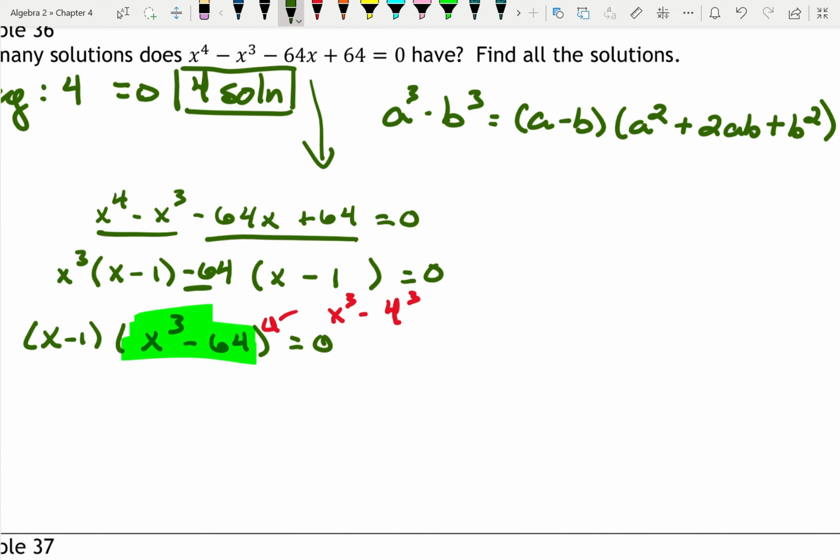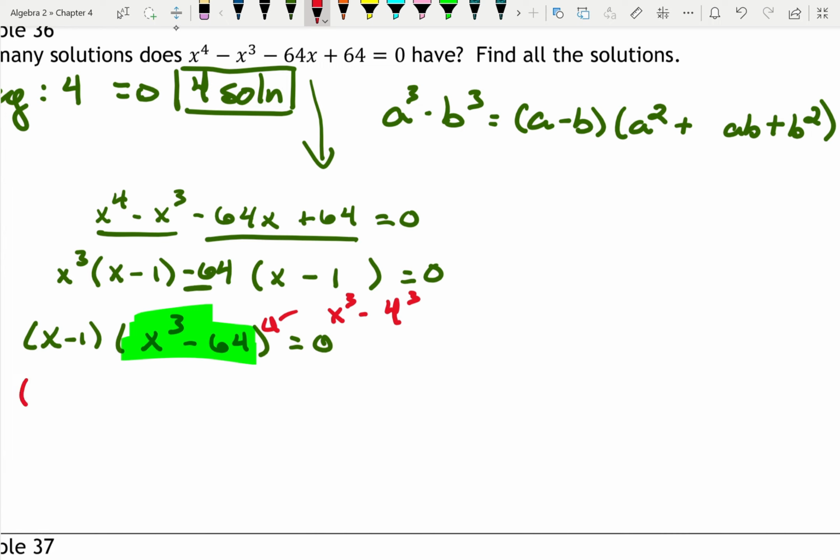Let me find it written down to make sure I have it right. Oh, I was wrong. This is just a plain old ab, no 2 in front of it. So there's the formula we're using. I'll probably write this formula up when we go over this section, and you'll probably want to have it in your notes. If you want to memorize it, that'd be awesome, but you can always just have it handy.